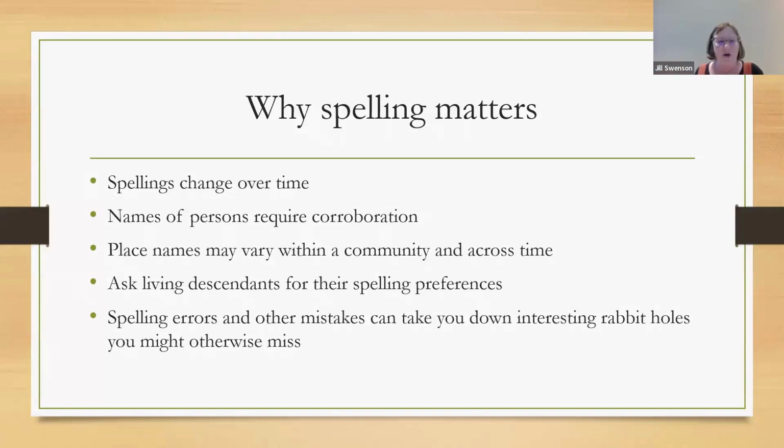Spelling errors and other kinds of mistakes, owning those errors can take you down really interesting rabbit holes you might not otherwise have found. This doesn't make it into this book, this whole story about the first Swede in Minnesota. This was just a rabbit hole, but boy, did it change the way I think about that time period in which my great-grandparents lived and settled in this land.